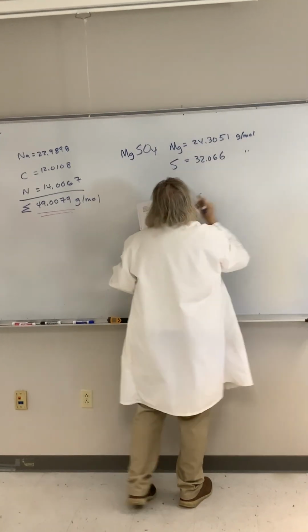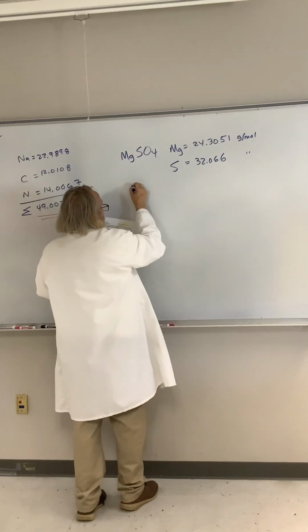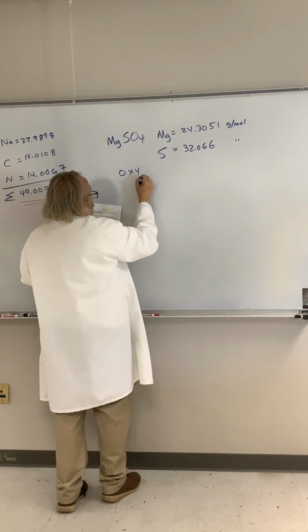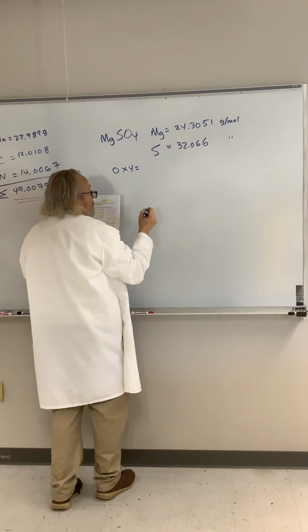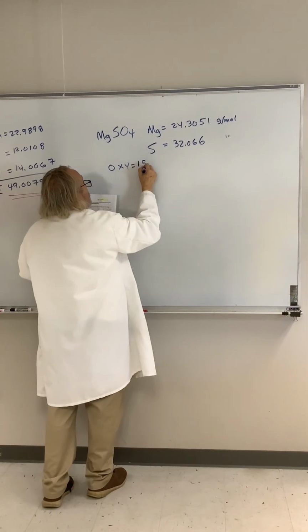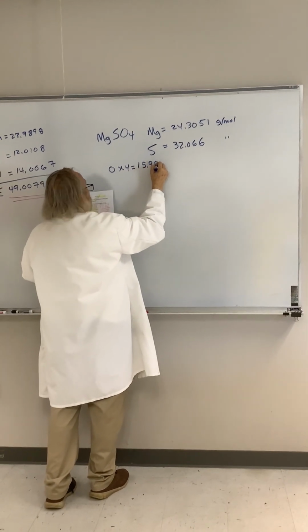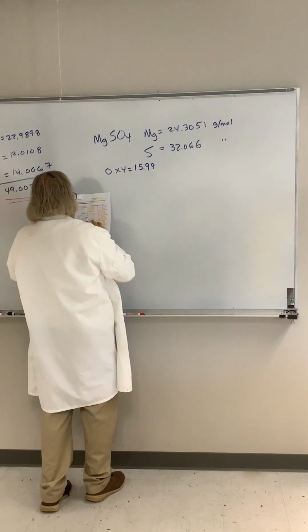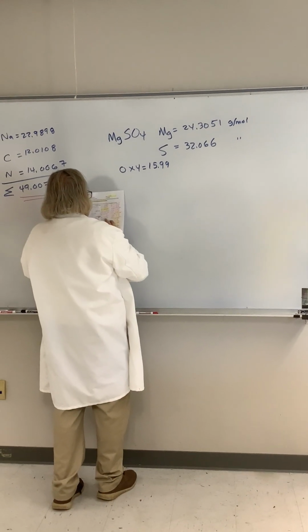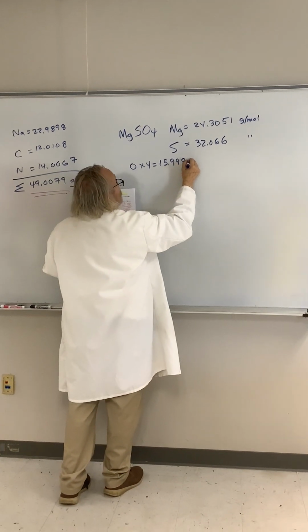grams per mole. And our oxygen times 4, oxygen is 16 in practical terms, but 15.9994.